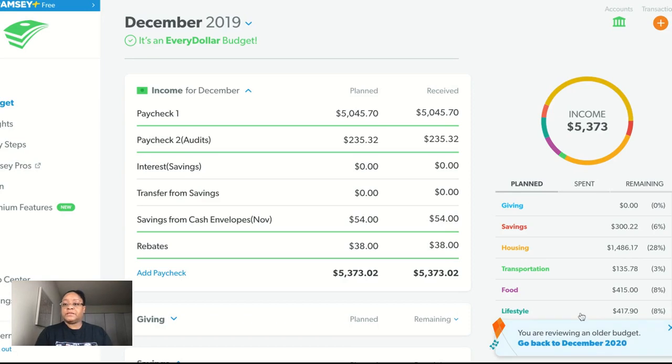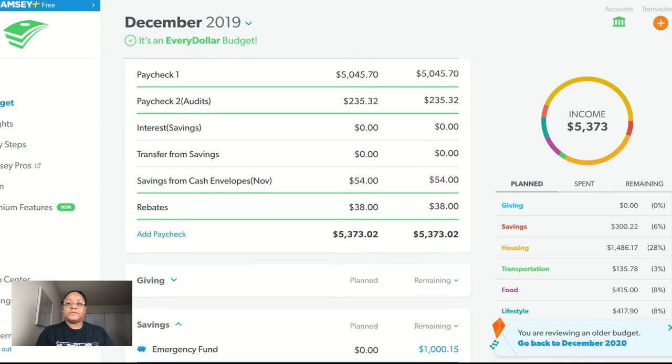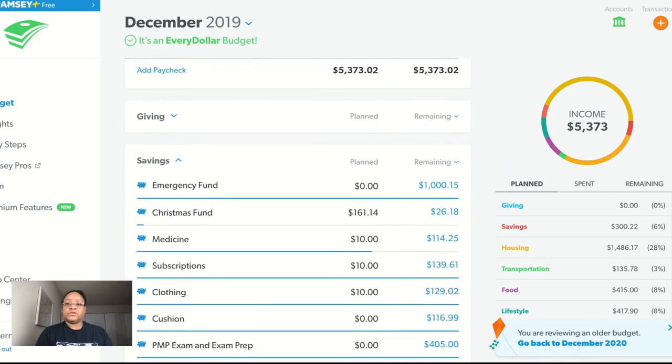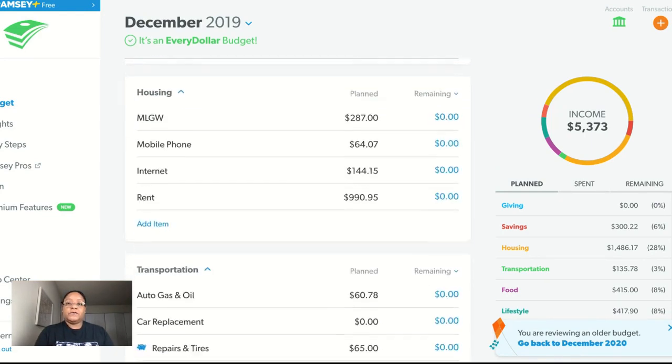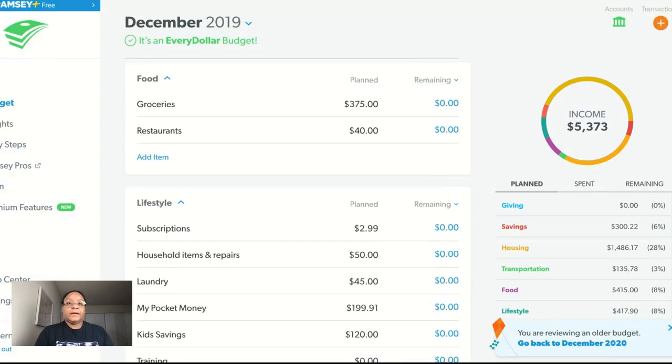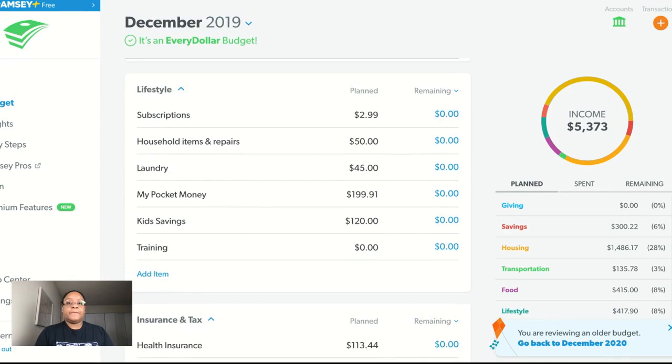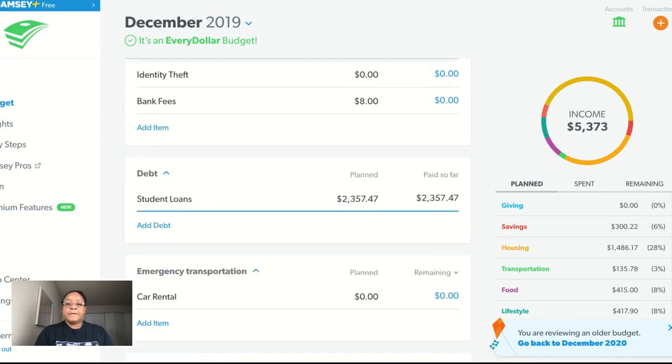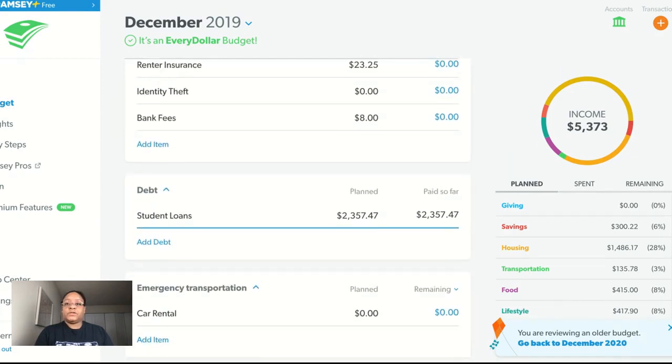So this is my December 2019 budget from back then. You see how much money I made, and all that good stuff. How much I paid in utilities, how much I spent on groceries, and even how much I put to debt, which was $2,357.47.